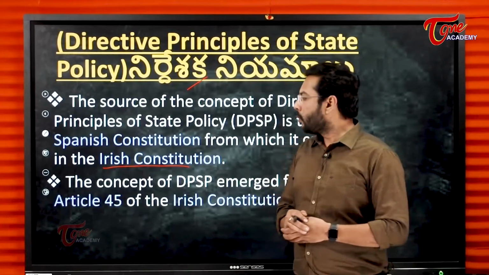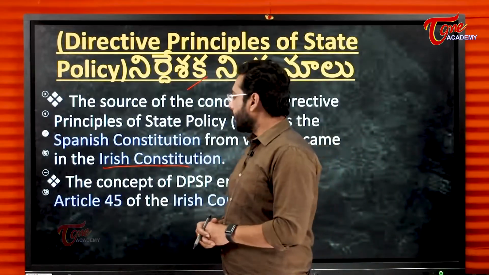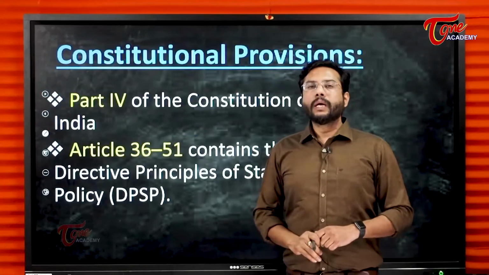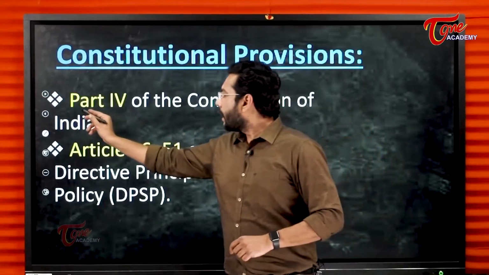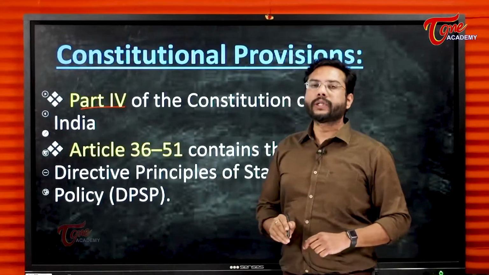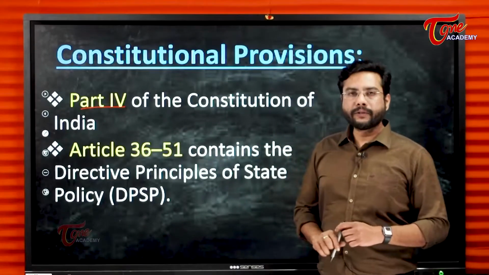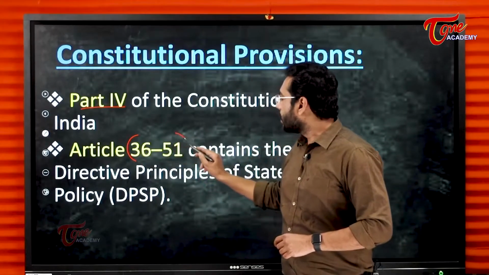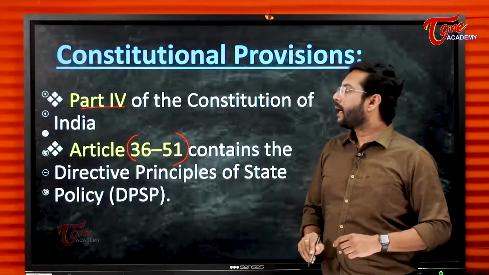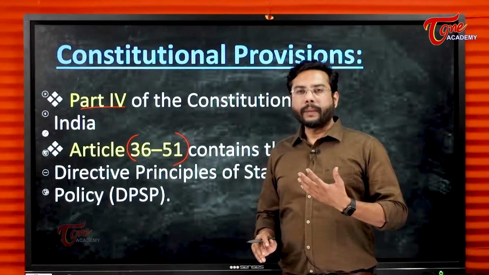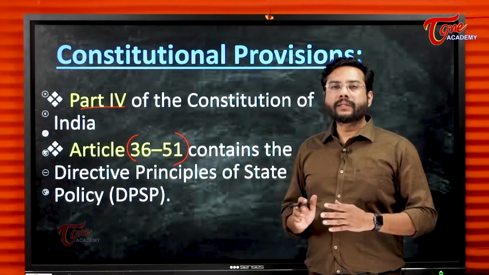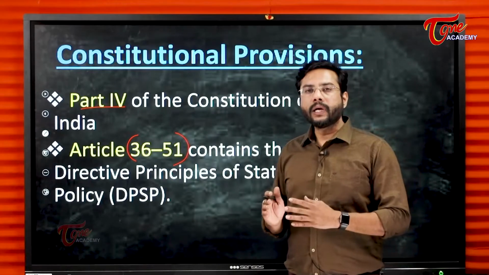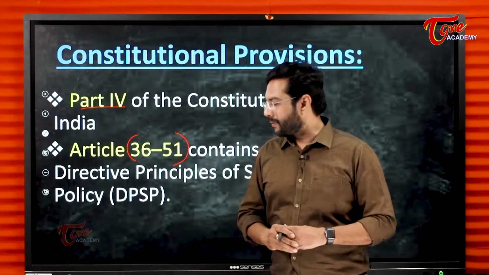So, we'll move to the importance of directive principles of state policy. In Part 4 of the Constitution, we have directive principles, and these are from Article 36 to Article 51. Just to remind, fundamental rights are in Part 3 of the Constitution from Article 12 to Article 35.